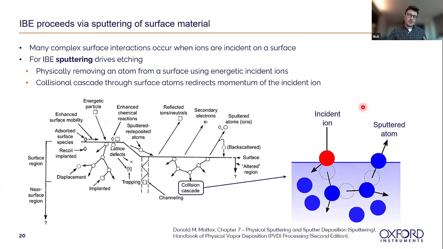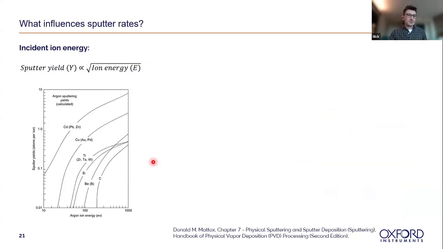What's interesting is that I've very simplistically shown this as a one ion in, one ion out situation. But typically that's not really the case until you get to very high ion energies, and for some materials it stays very low even towards higher energies. So we look at the incident ion energy, plotted along the bottom here, against the sputter yield on the y-axis, for a few different materials.